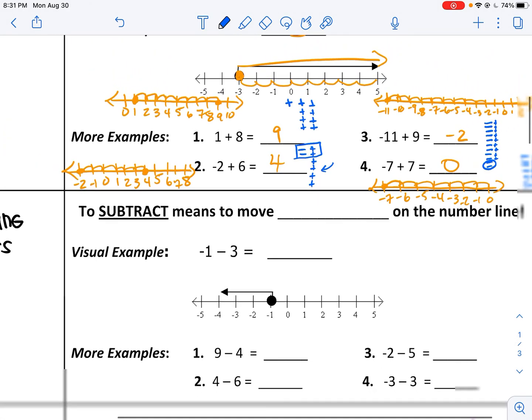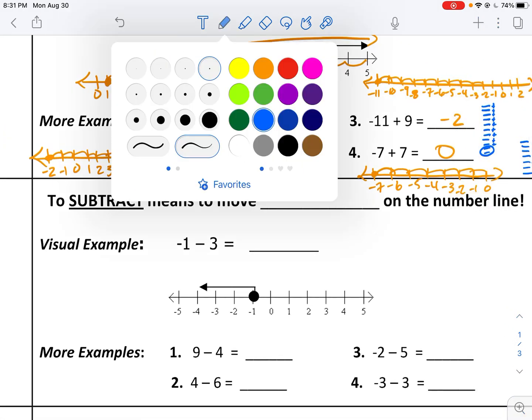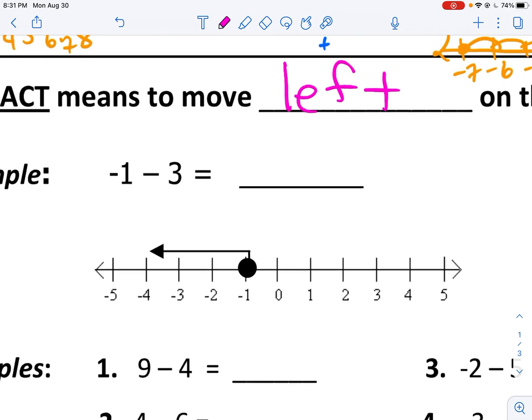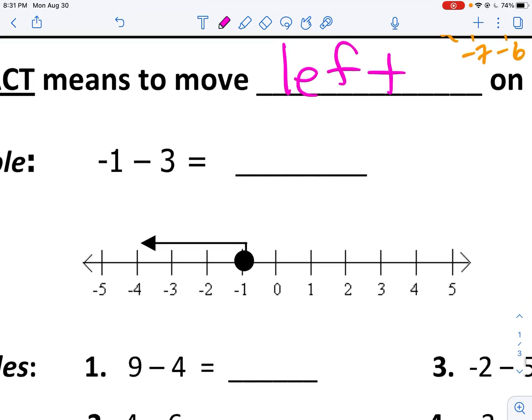Okay. Now, to subtract, on the other hand, that means to move to the left on the number line. So, another name for subtraction is negative or opposite. So you're going the opposite direction. So I start at -1 and I go opposite of where I'd just gone.